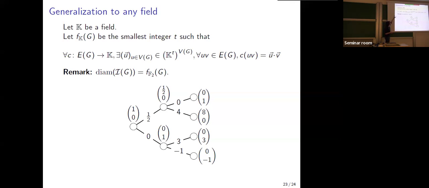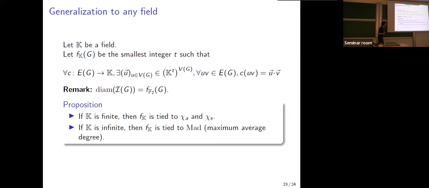And F_K of G will be the smallest integer T such that for every labeling of the edges with scalars from the field, you can find a family of T-dimensional vectors to put on your vertices such that the labels on the edges are realized as scalar products of the endpoints. Okay. So for the field with two elements, this gives exactly the inversion diameter. But this makes sense in any field.